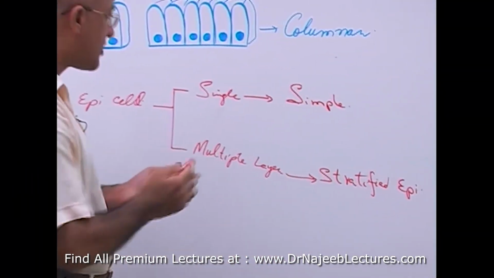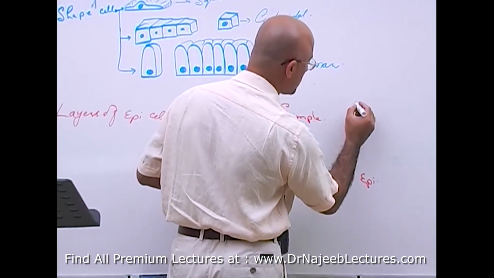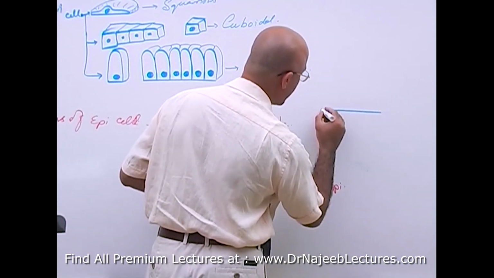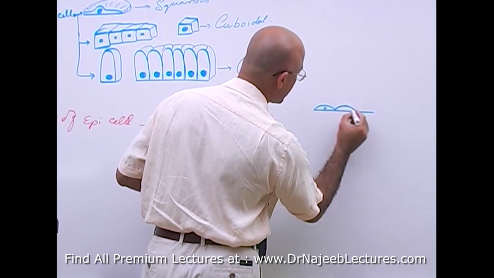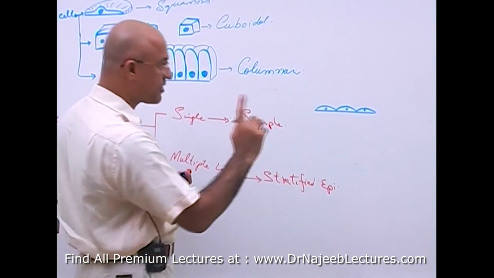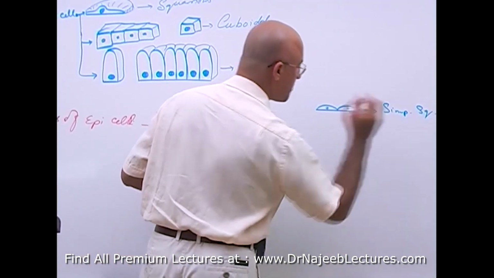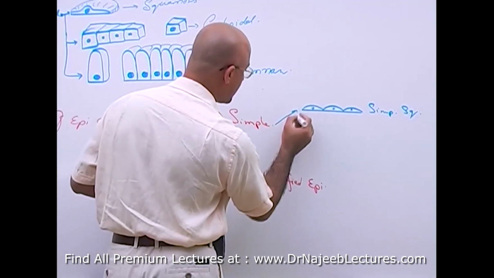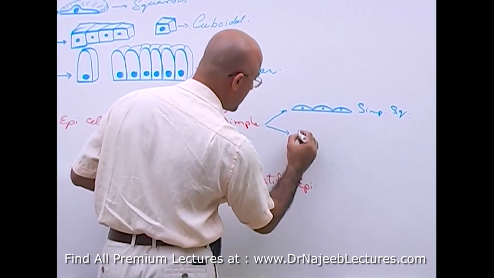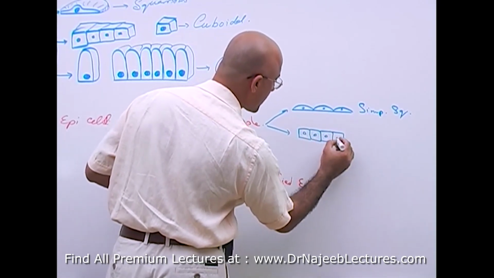Now, simple epithelium, if it has only one layer with flat cells, what is this kind of epithelium? Yes, simple squamous epithelium. But if there is a single layer of cells, but they are cuboidal, what is this?